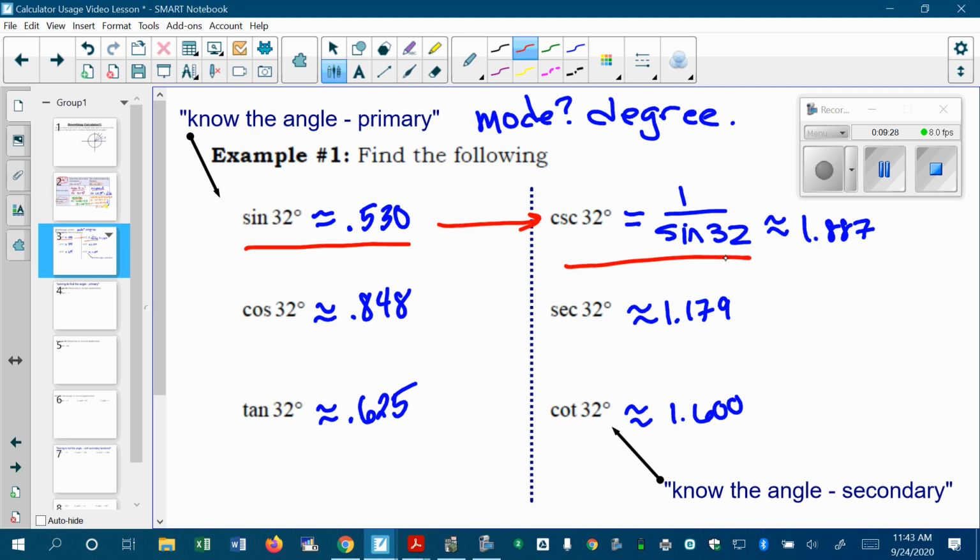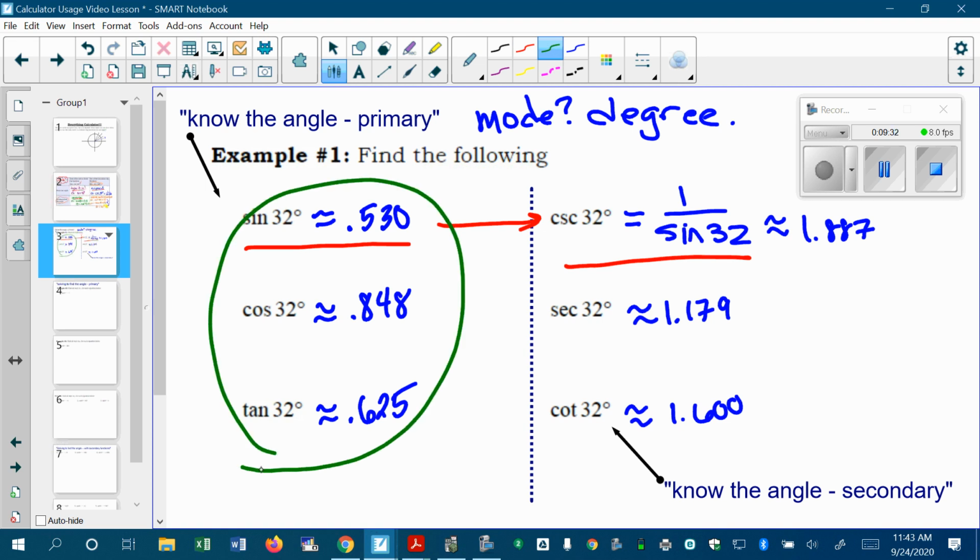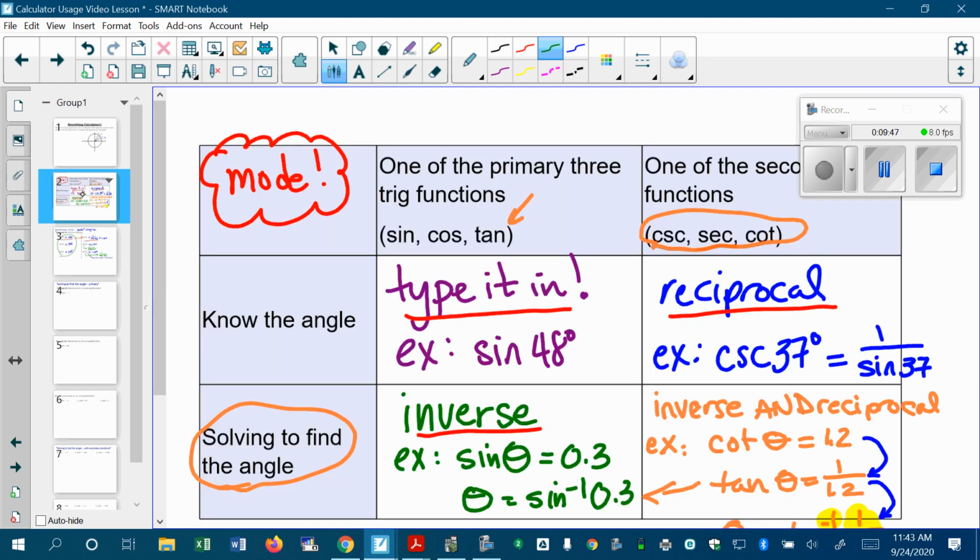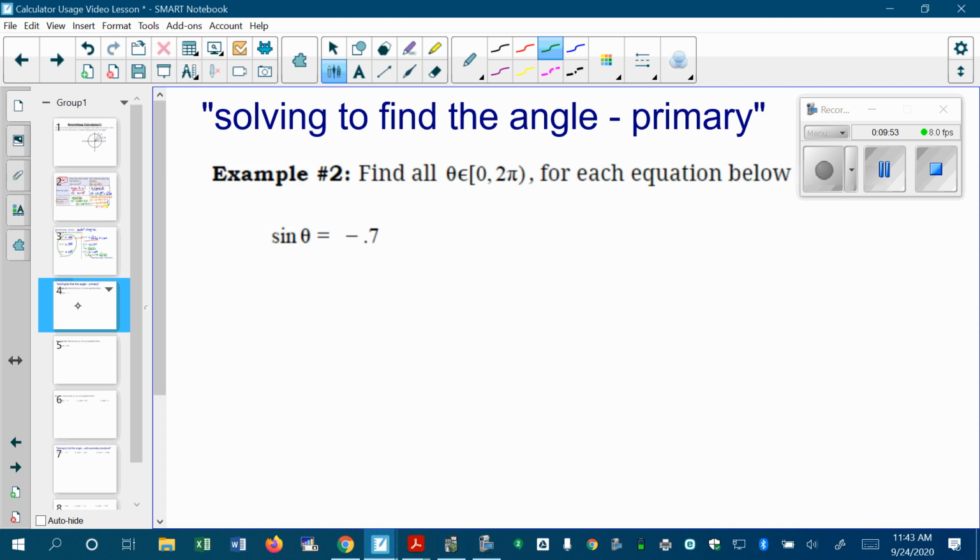But understand that these 3, you just typed in, just like they look on the page. For these 3, like for the secant, you had to do 1 over cosine of 32. And for cotangent, you had to do 1 over tangent of 32. Because the case that we were in was this guy right here, right? This reciprocal one.